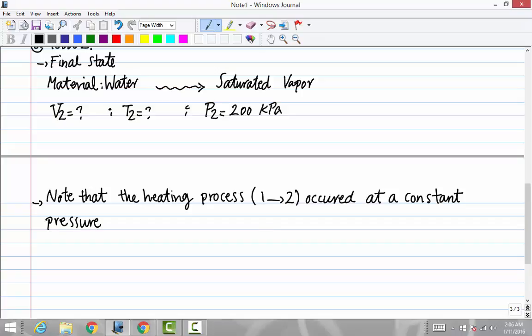Which means that P1 equals P2. This is what is given in the example.